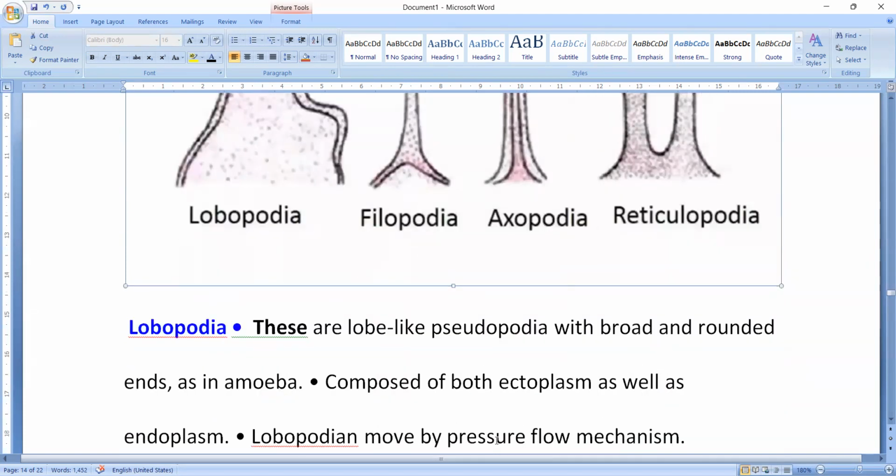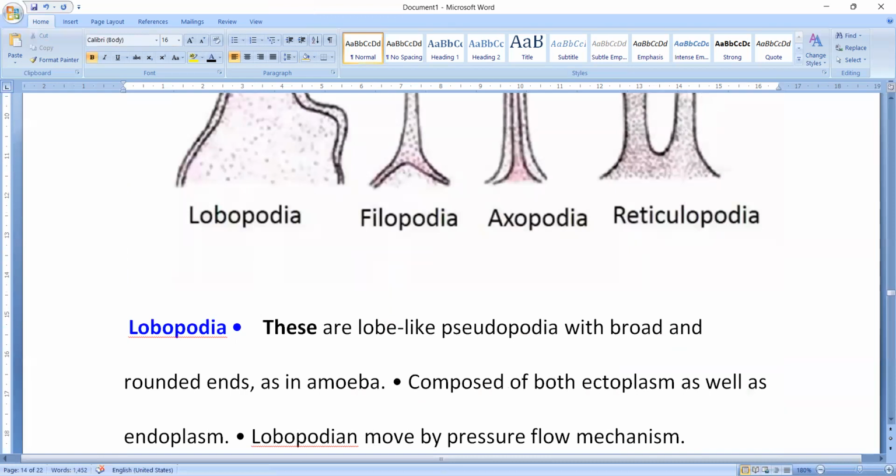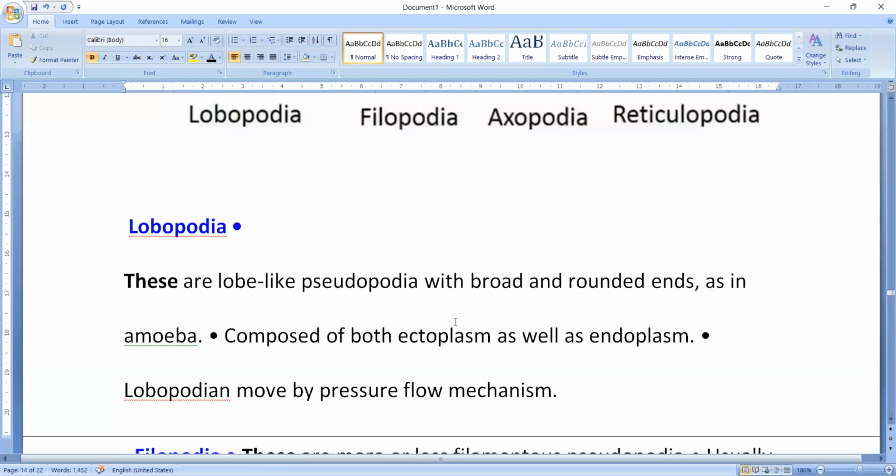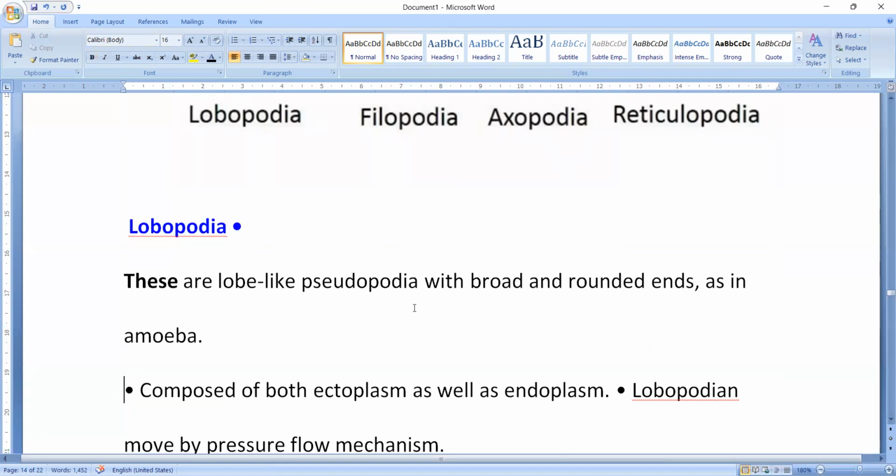The first one is lobopodia. These are lobe-like pseudopodia with broad and rounded ends, as in amoeba.